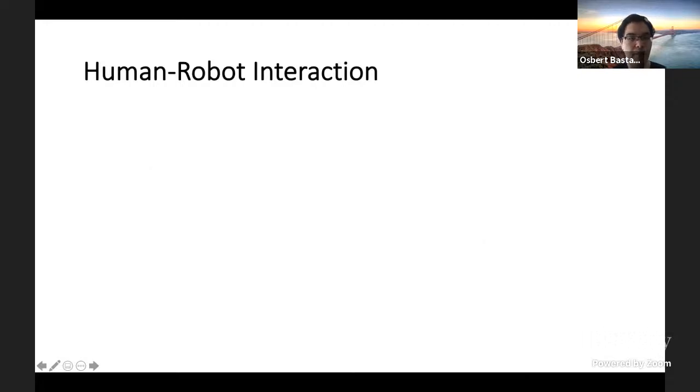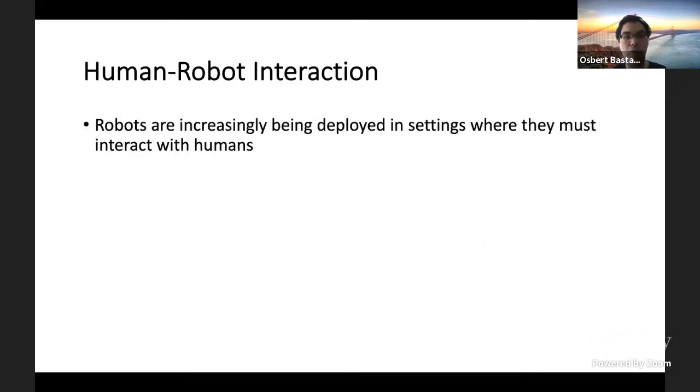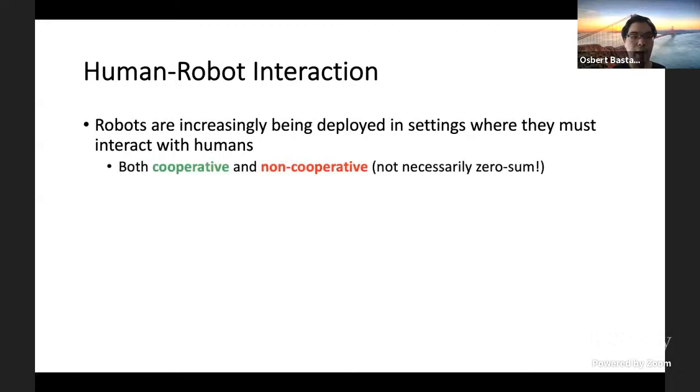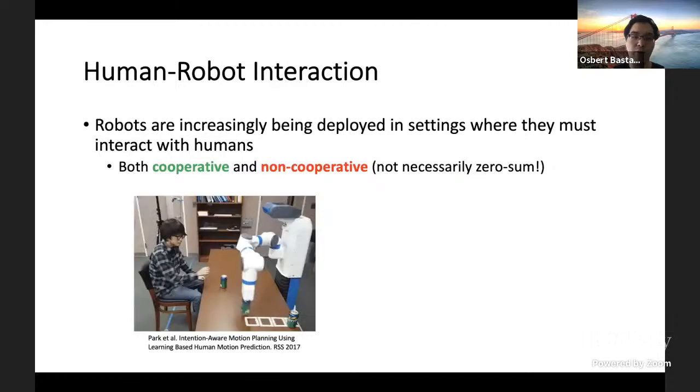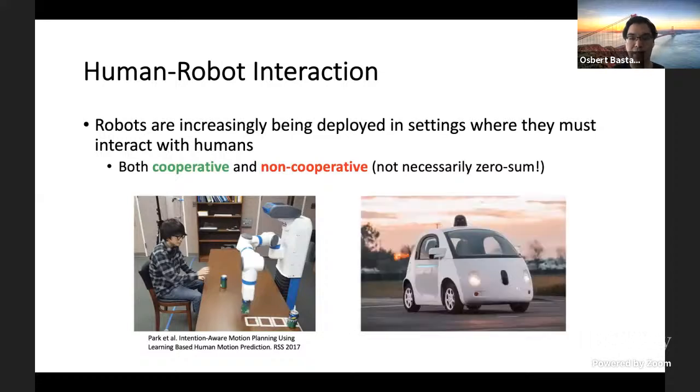The problem that we're studying is settings where there's interest in deploying a robot in a place where it must interact with humans. This includes both cooperative settings where robots work with a human to accomplish a shared goal, as well as non-cooperative settings where the goals of the robots and humans might be different.